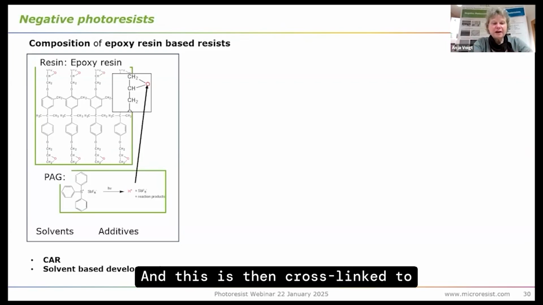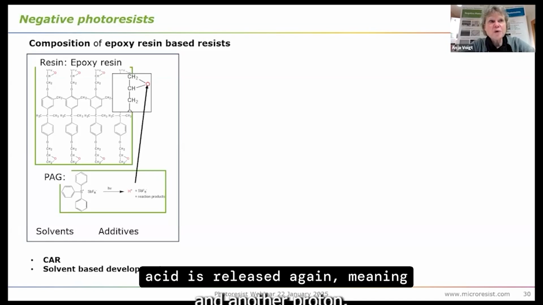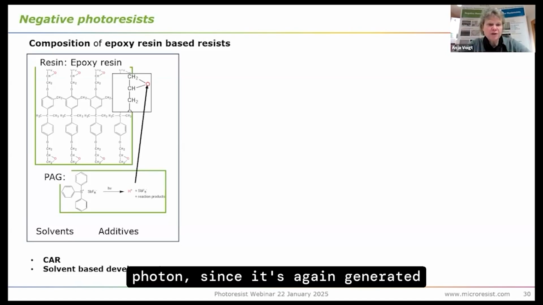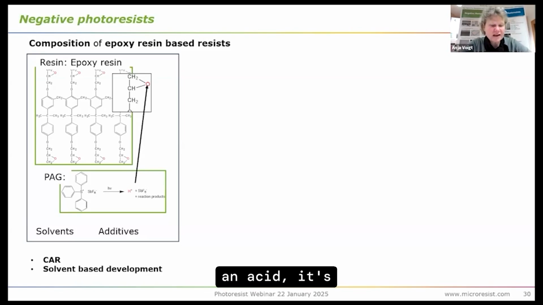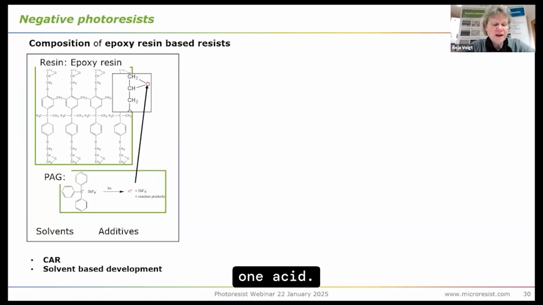This is then cross-linked to another epoxy, and another proton or acid is released again, meaning that one photon, one exposure, leads not only to one acid, since an acid is generated again. It's a kind of chemical amplification reaction mechanism. So one photon leads to more than one acid.